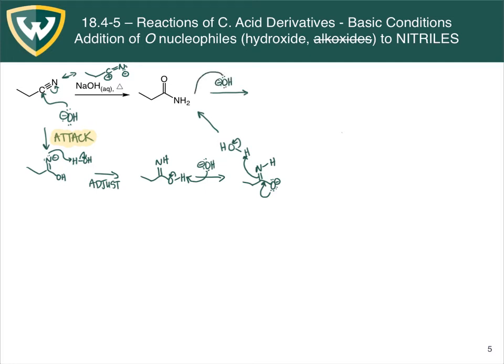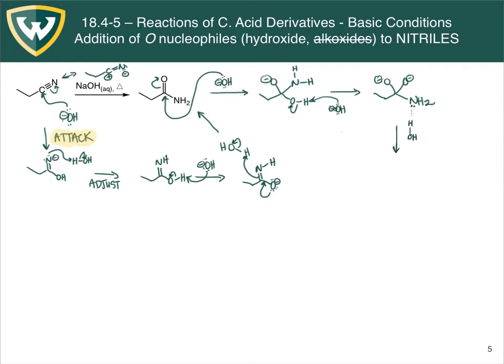So just for practice, I'll show that mechanism again. We deprotonate again, and that's going to give us the species with two O minuses and the NH2. And now we'll need to activate that NH2 for leaving by forming a hydrogen bond.